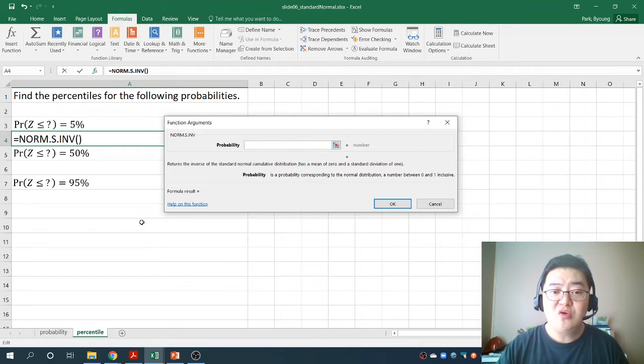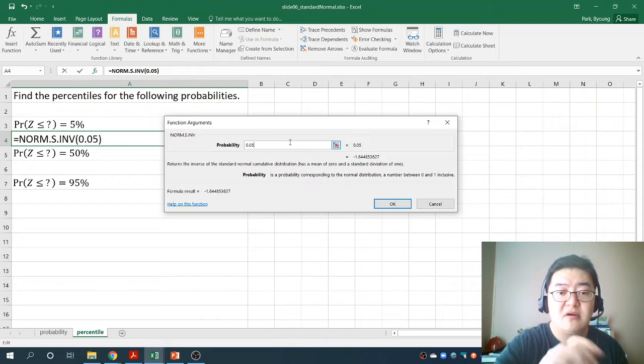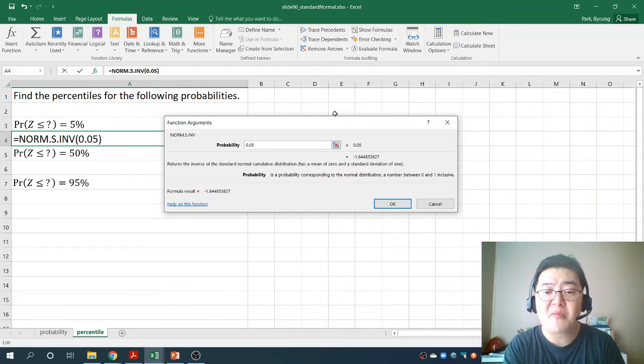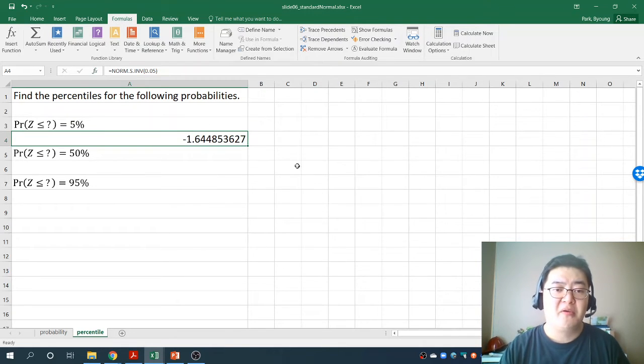By the way, you have to use a decimal, a number between 0 and 1. I'm interested in 5%, but you should not put 5 here. You have to put 0.05 instead of 5. Then it will give you a number.